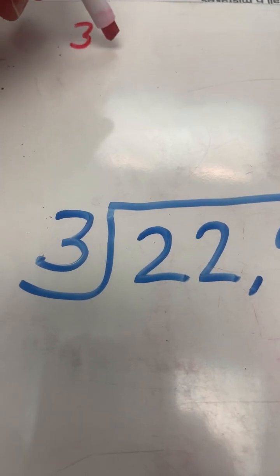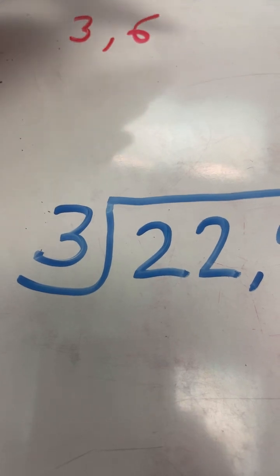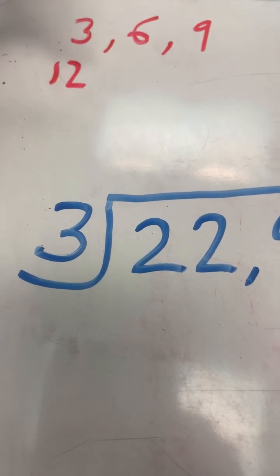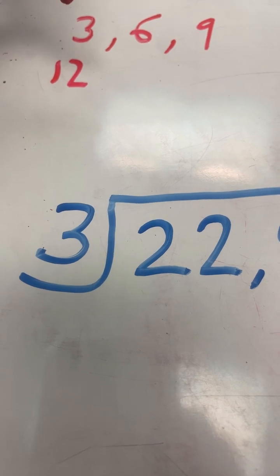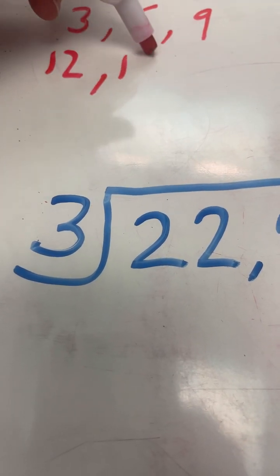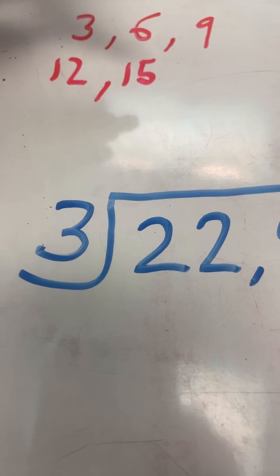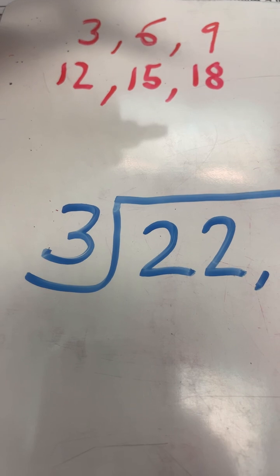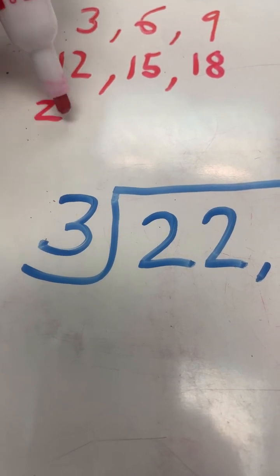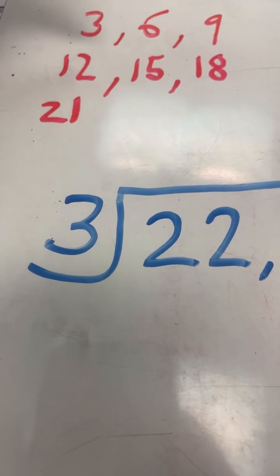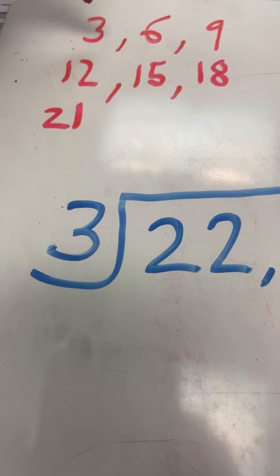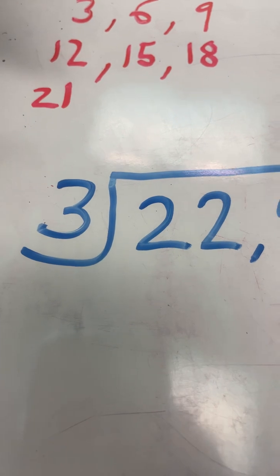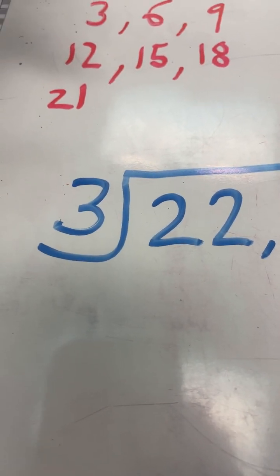Three, that's one group of 3. 6, 2 groups of 3. 9, 3 groups of 3. 12, 4 groups of 3. 15, 5 groups of 3. 18, 6 groups of 3. 21, 7 groups of 3. So I was able to count by 3, 1, 2, 3, 4, 5, 6, 7 times. I was able to get 7 groups of 3 within 21.